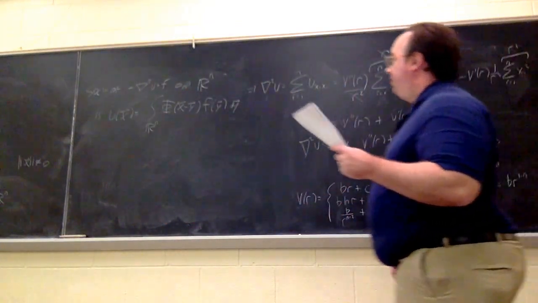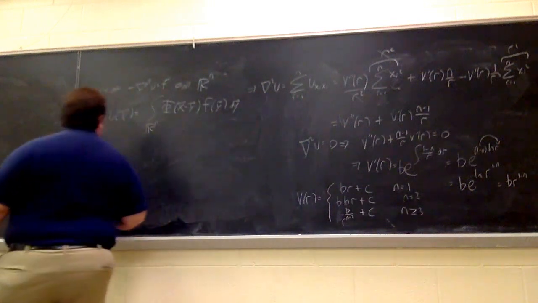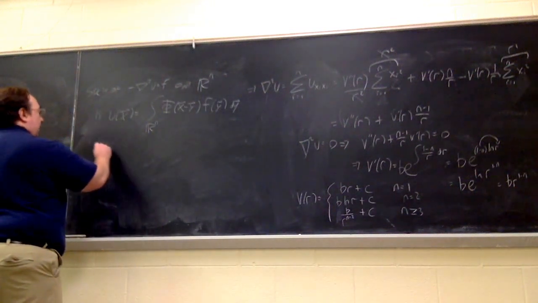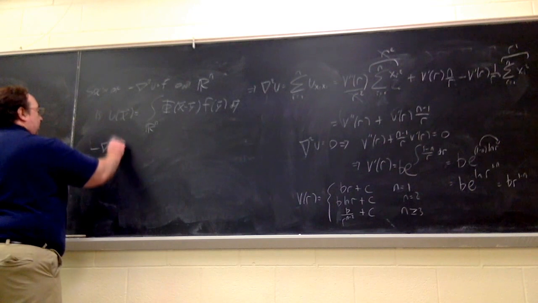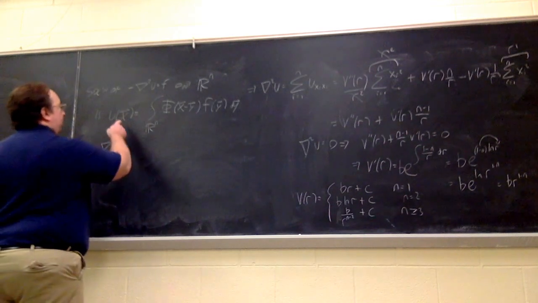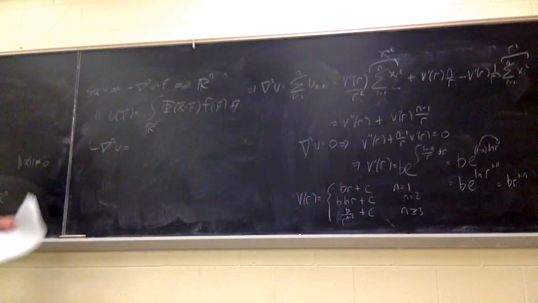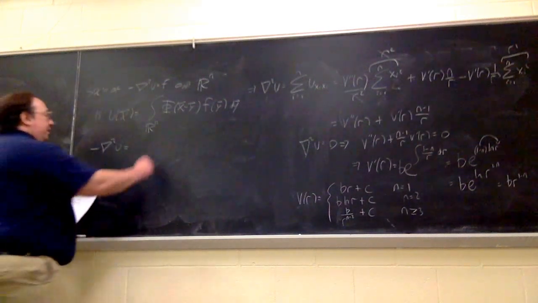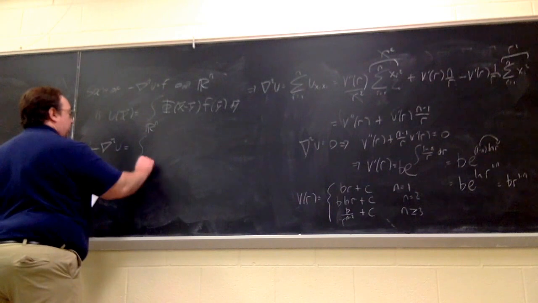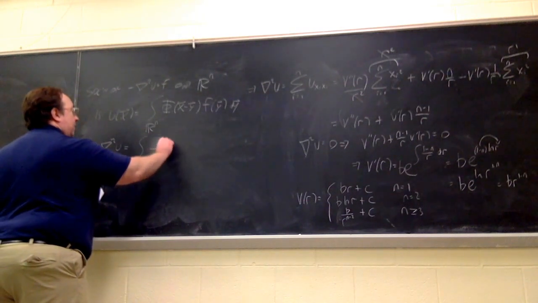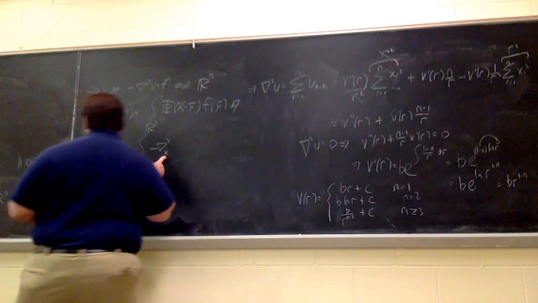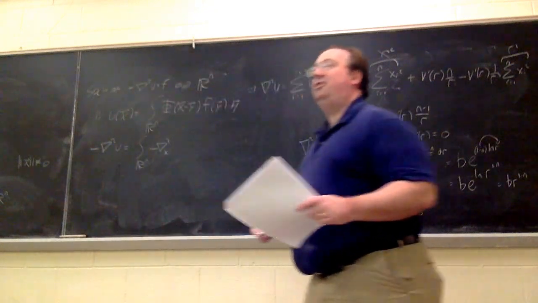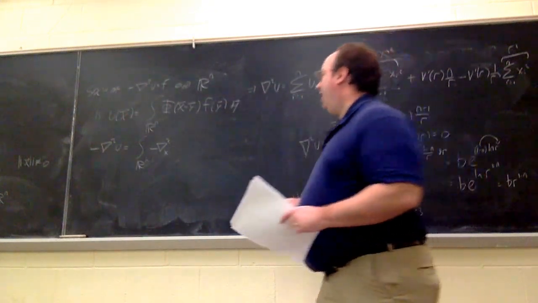Now, to show you why this works, I can take minus Laplacian of both sides. Here I'm taking the Laplacian with respect to x, and we're still taking the Laplacian with respect to x on the right side. So I can move the Laplacian inside the integral, but I'm going to use this subscript x to indicate that I'm taking the Laplacian with respect to x, not y.